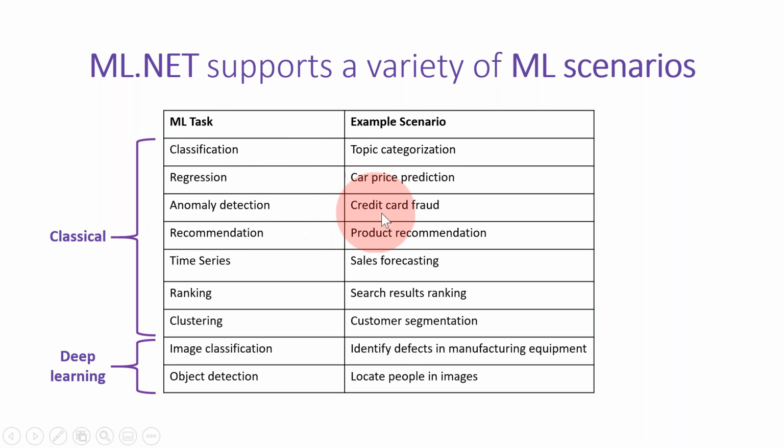Anomaly detection could be used for credit card fraud. And in fact, what is on the right side here are examples of things that people typically do with machine learning. Also important to show is that ML.NET will also support deep learning. And there's an example in here that works with TensorFlow.